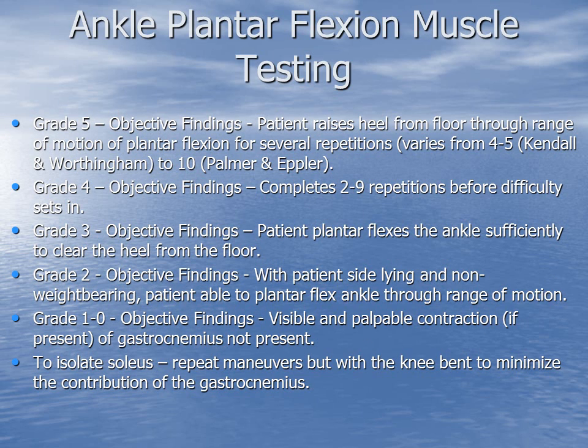Other objective findings that you may see, and these are according to Palmer and Epler. In grade 5, the patient is able to raise the heel from the floor for several repetitions. Kendall and Kendall describe several repetitions as 4 and 5 repetitions, whereas Palmer and Epler describe 10 repetitions. Grade 4, we discussed, is 2 to 9 repetitions. With a grade 3, the examinee is able to plantar flex the ankle sufficiently to clear the heel from the floor.